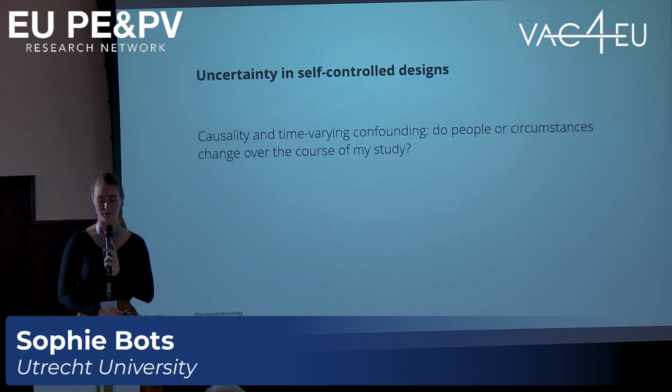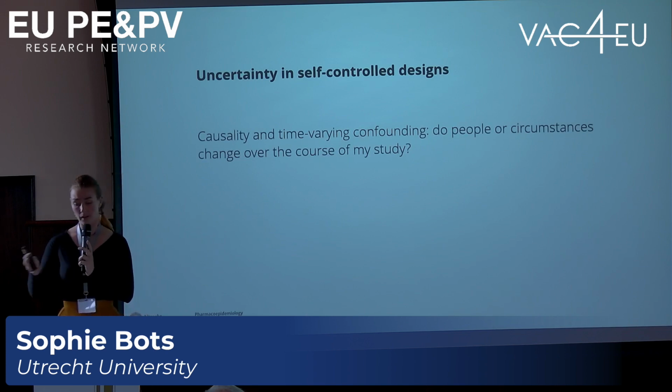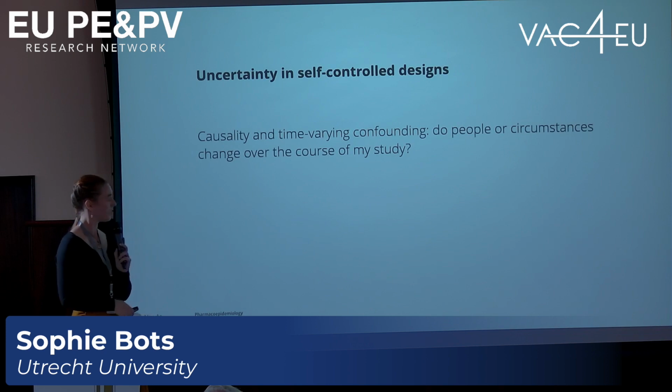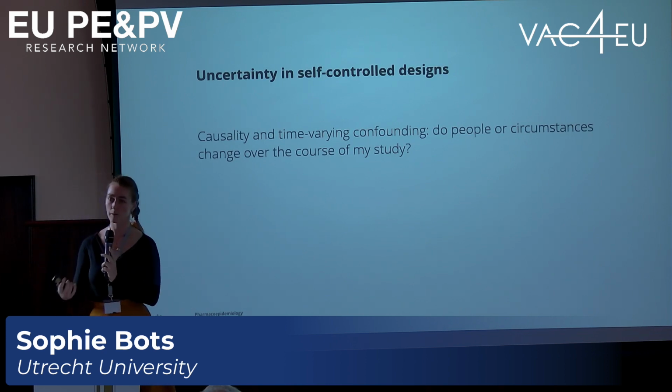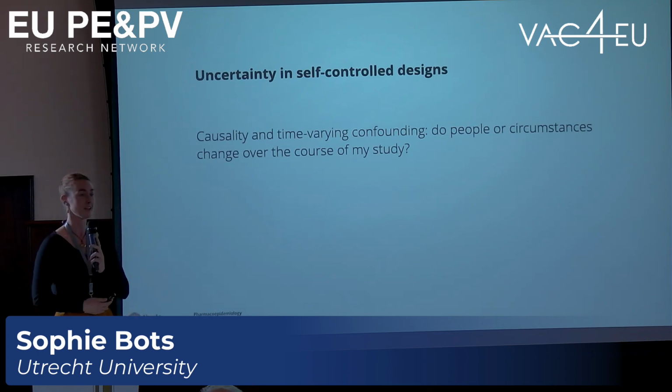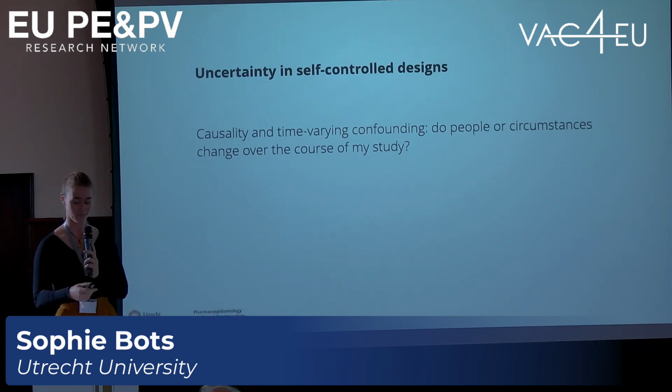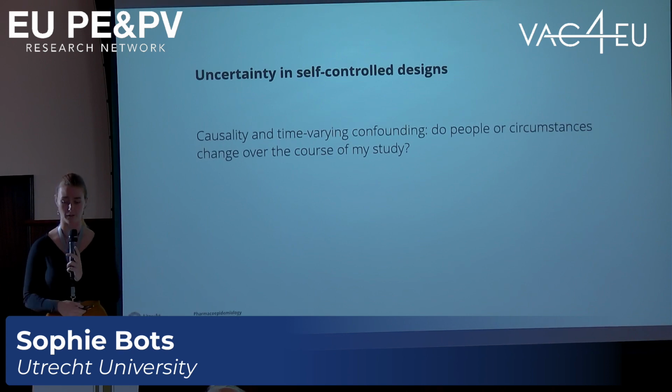The next step, of course, is that you look now over time, so there might actually be time-varying confounding in your study. And I think most of you will agree that the COVID-19 pandemic was not a very stable period in our lives, so there was a lot of change over time, which could have induced time-varying confounding.